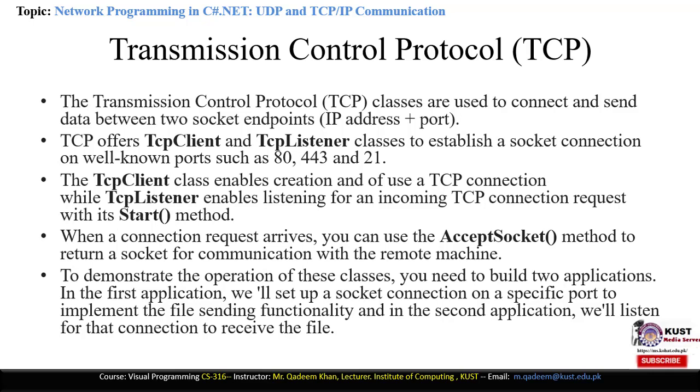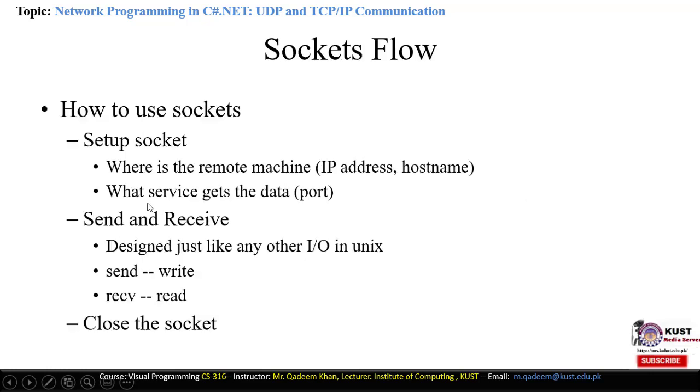To demonstrate these classes, we need to build two different applications: one will be the TCP client and another will be the TCP listener. The TCP client will send a file to the TCP listener, and the TCP listener will browse that file.